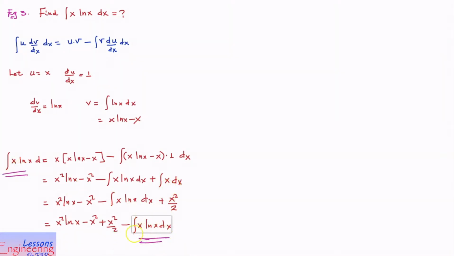So if I bring that to the other side of the equation, I can write 2 times the integral of x ln x dx equals x squared ln x minus x squared plus x squared over 2.